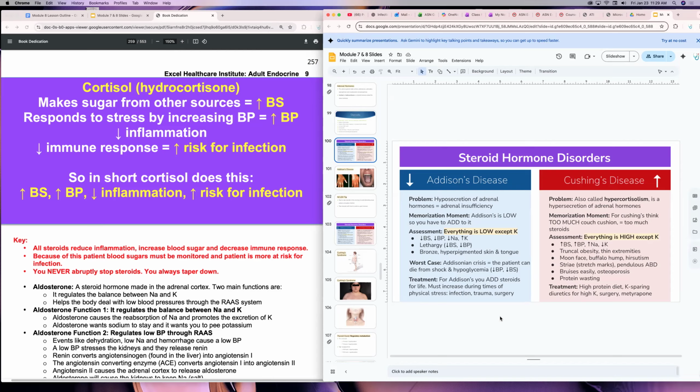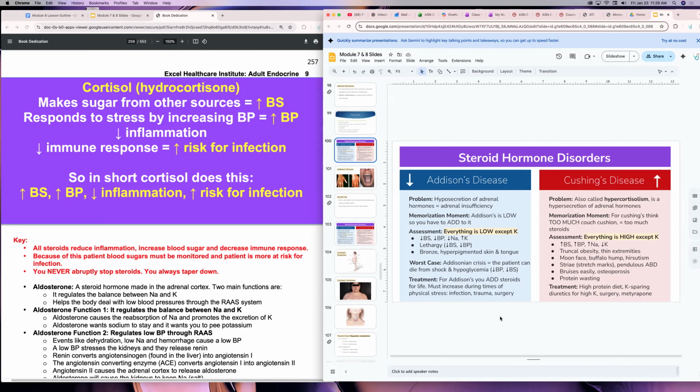Assessment, everything is low except potassium. You have to memorize that. Addison's is the low one because you have to add to it. But everything is low except potassium. So low blood sugar, low blood pressure, low sodium, high potassium.